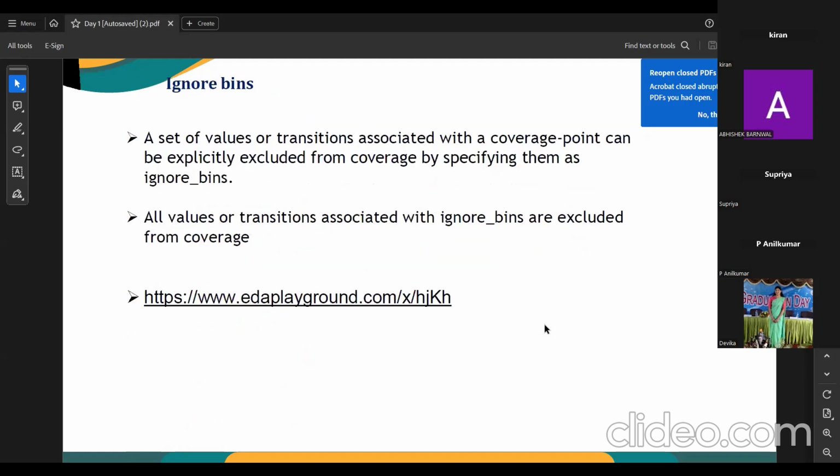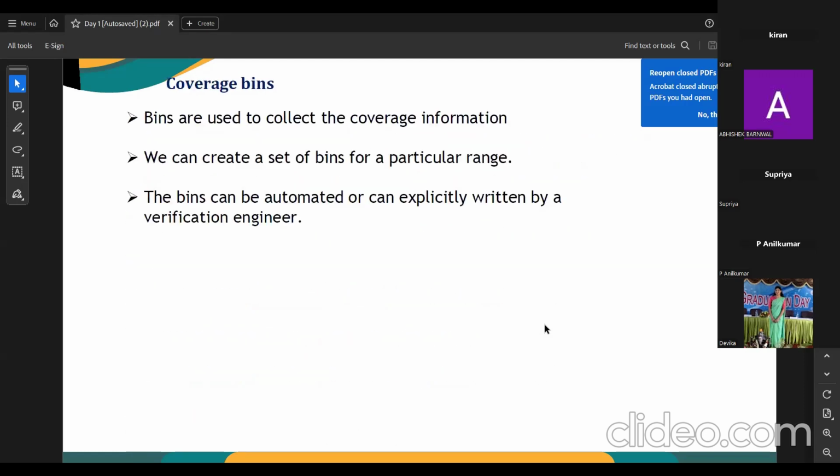Okay, so first tell me, anyone, what are ignore bins and what are illegal bins? What is the difference between ignore bins and illegal bins? If we don't want certain bins to be in the coverpoint, we can use ignore bins or illegal bins.